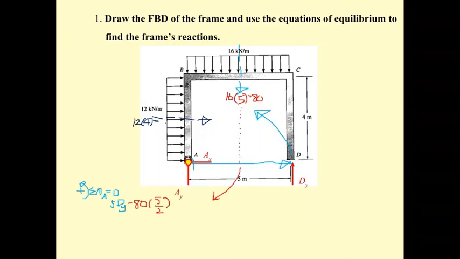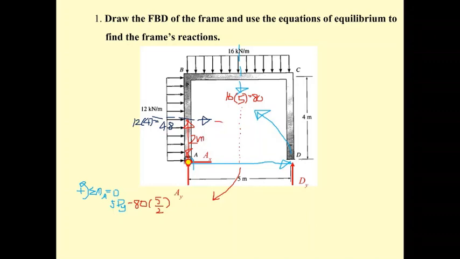The total here is 48 kilonewton. And the distance between this resultant force and the rotation point is going to be 2 meters.